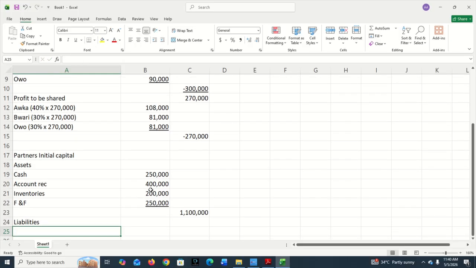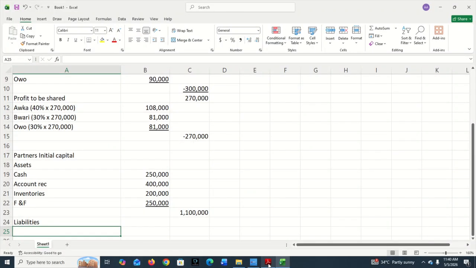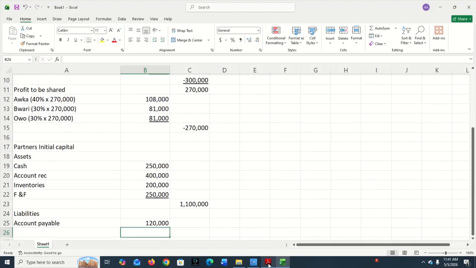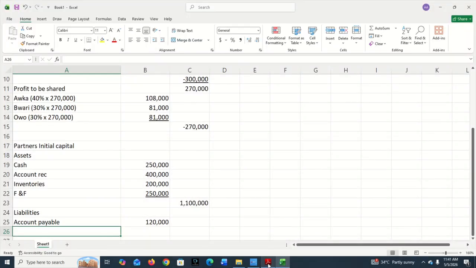We have our liabilities. Let's look at the figures we have. For our liabilities, we have accounts payable. Accounts payable is how much? Accounts payable is 120,000. Next, you have loan notes payable.